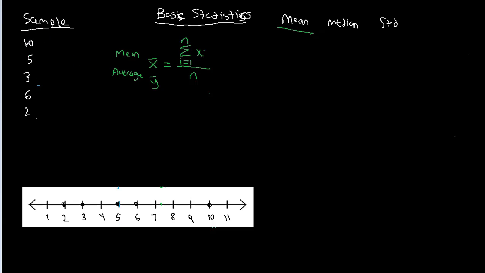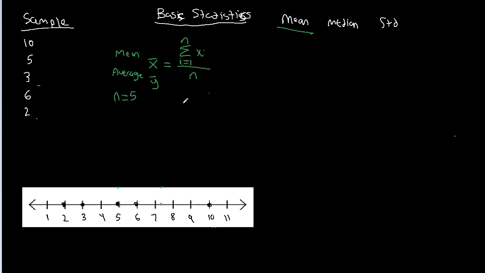So in this particular case, we have 5 items: 1, 2, 3, 4, 5. So our n is 5. So if we have that, we can use the information we have in the sample to quickly calculate a sample mean.